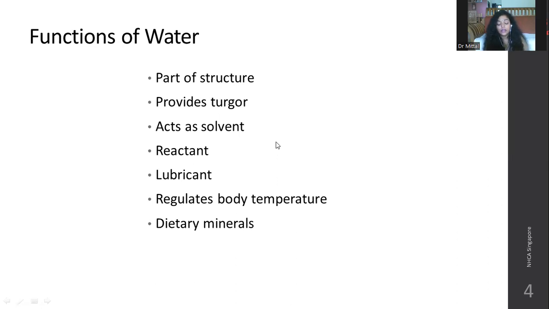Then we have dietary minerals. Fresh water contains a significant amount of minerals. Can you name a few minerals which are quite important to be present in the drinking water, specifically for your oral health?